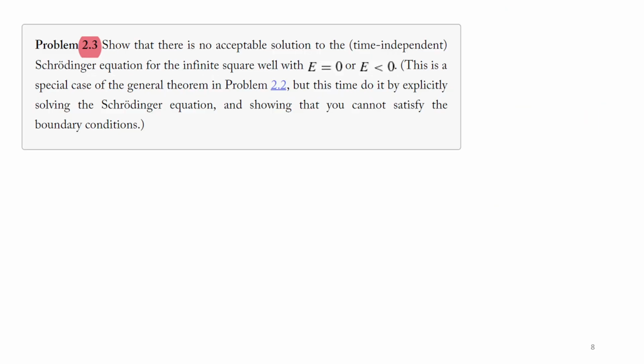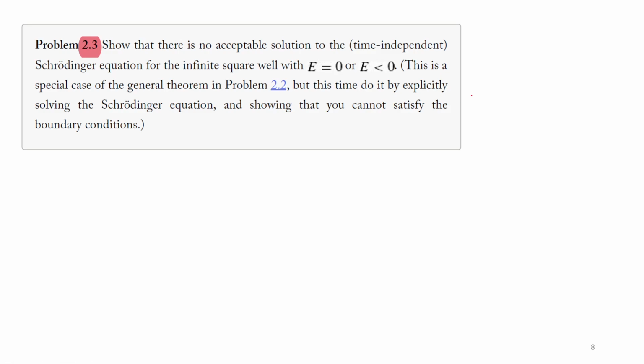Okay, the next problem is a special case of the previous problem. They are saying that there is no acceptable solution to the time independent Schrodinger equation for the infinite square well.